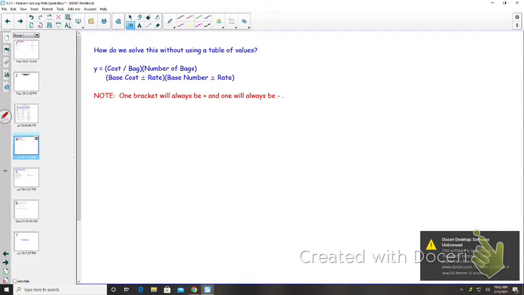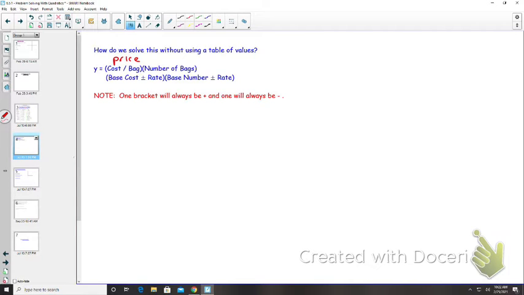So we did cost per bag, which is like price, and then multiplied by the number of bags. Now, we can use this as our general formula for maximization problems, to be able to graph it and find our vertex.